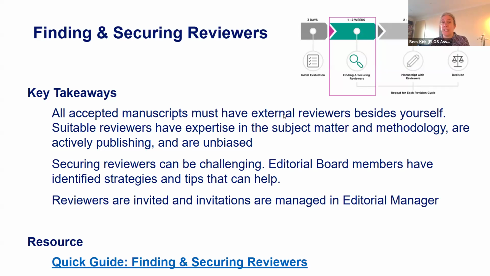As noted by Hannah, all of these activities are conducted within the manuscript tracking system inside Editorial Manager. This is so that we can keep track of everything that is happening. We can support you. There are also a number of really handy features of the system whereby reviewers will be gently reminded that they have not responded to an invitation, and they get reminders when they have accepted an invitation as to when the review is due and what is expected of them as they're doing that assessment.